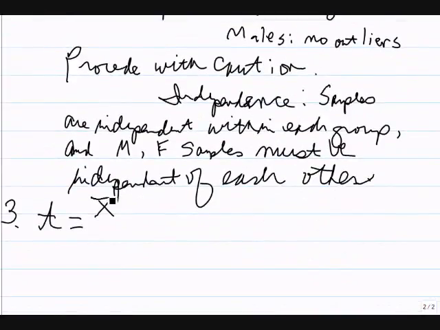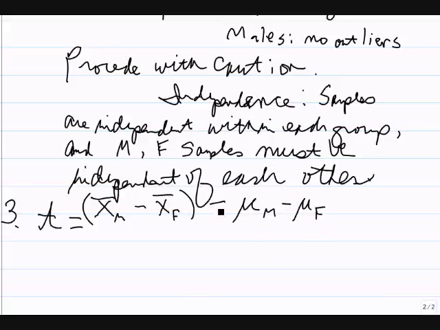So that'll be the sample mean for the males minus the sample mean for the females, minus the hypothesized population mean of the males minus hypothesized population mean for the females. That would be 0, right?